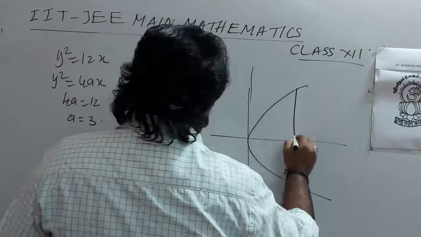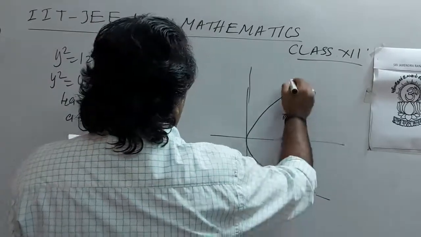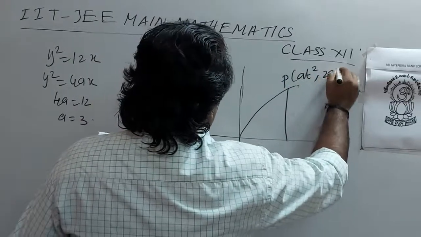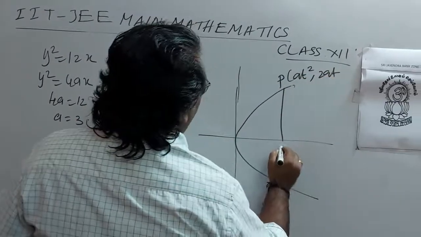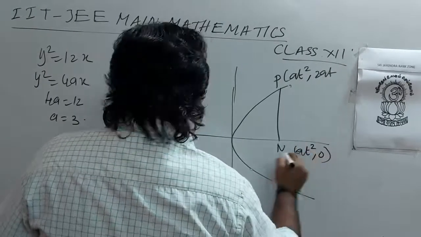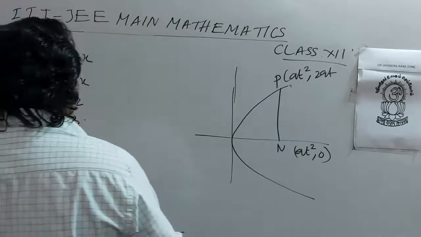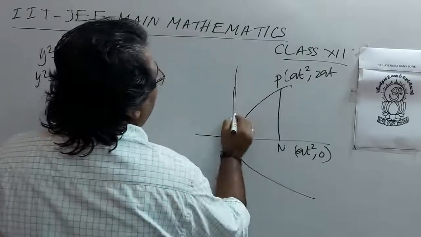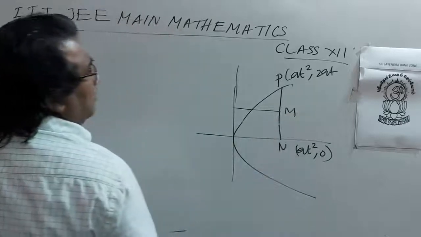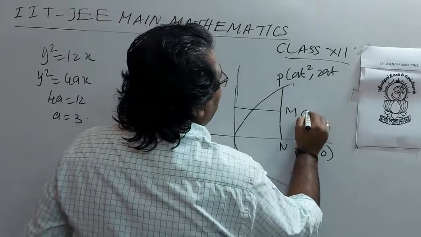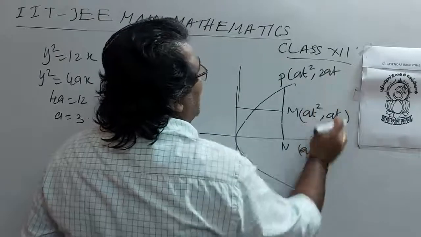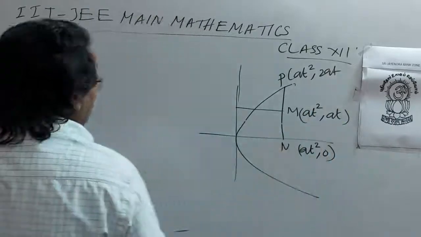From P, we draw one perpendicular, that is P is at squared, 2at. Therefore, N should be at squared, 0. M is the midpoint. Midpoint x value at squared, y value 2at plus 0 by 2, that is at.